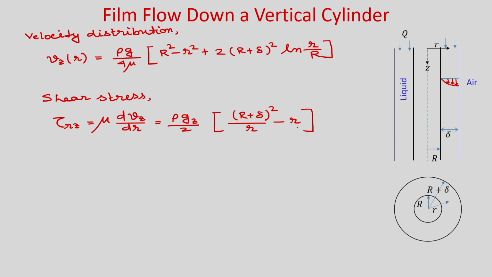Okay. So, obviously, at r is equal to R plus delta, you know that tau rz is equal to 0, and at r is equal to R, tau rz will be rho g.